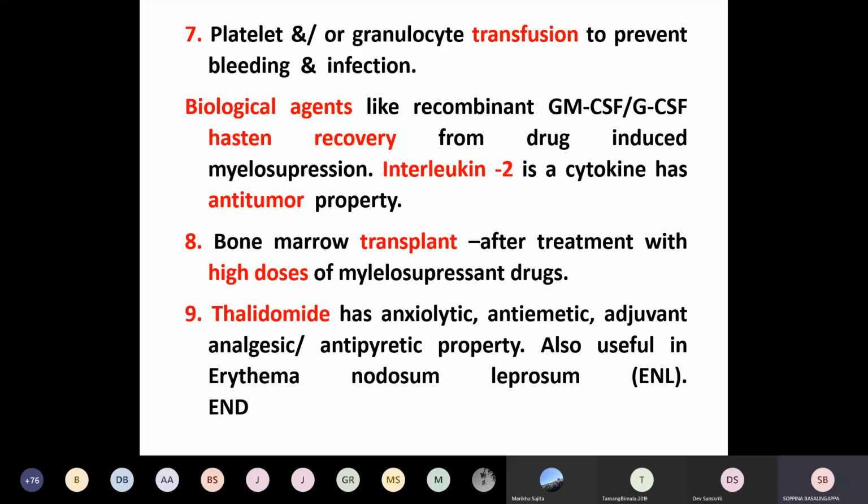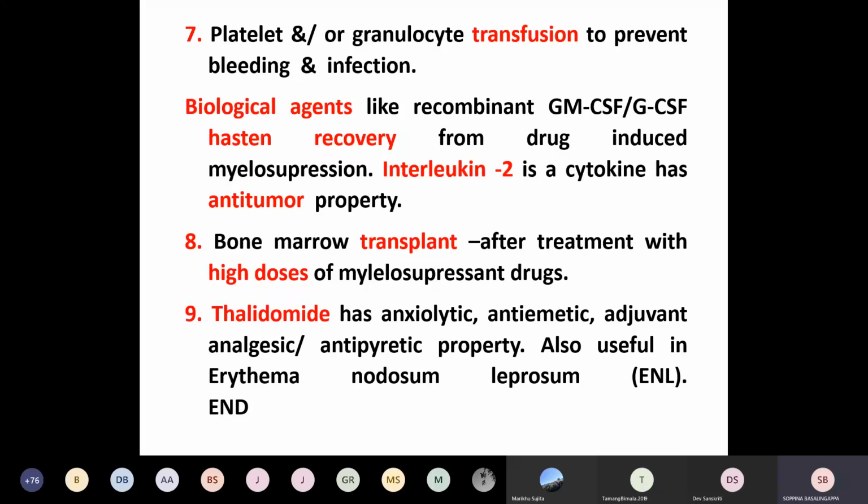These are called biological agents, which will hasten recovery or have particularly anti-tumor activity, like interleukins. Now, if there is aplastic anemia, where the bone marrow is totally blocked, we have to give a bone marrow transplant. After treatment with high doses causing myelosuppression, you have to treat the patient with bone marrow transplantation.